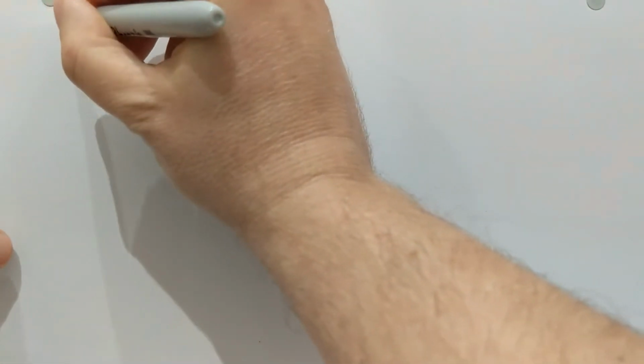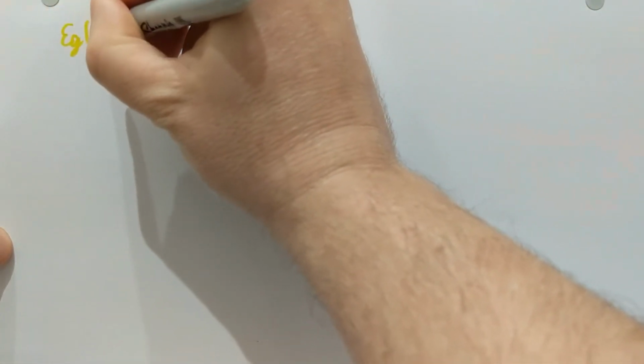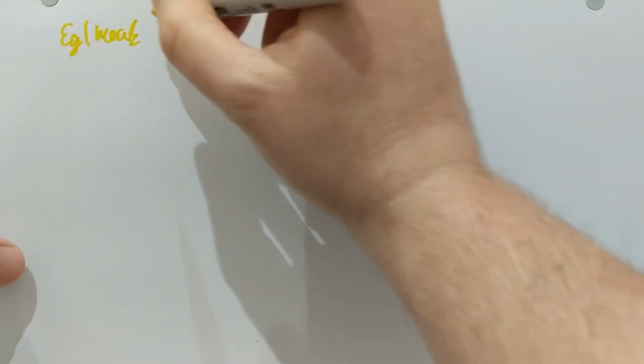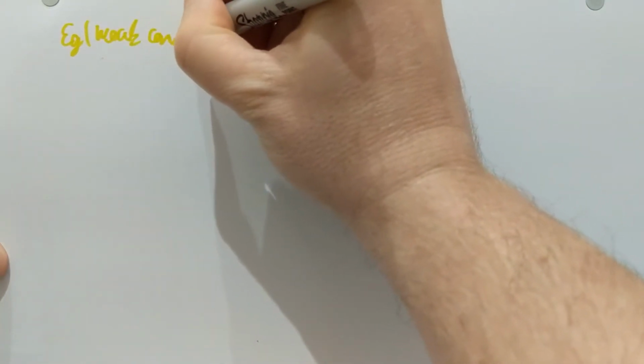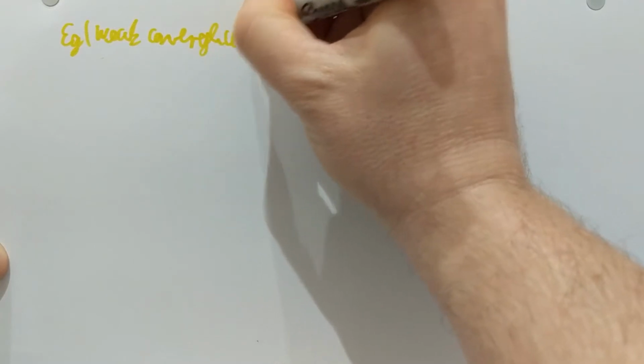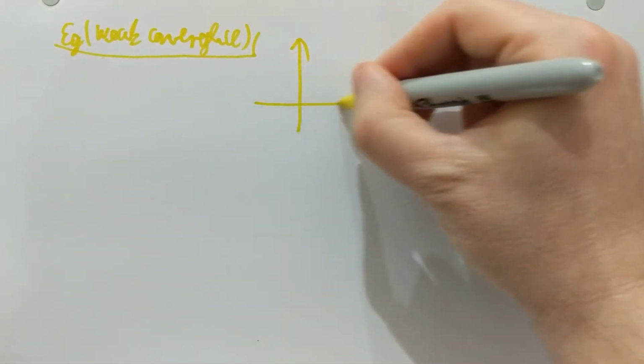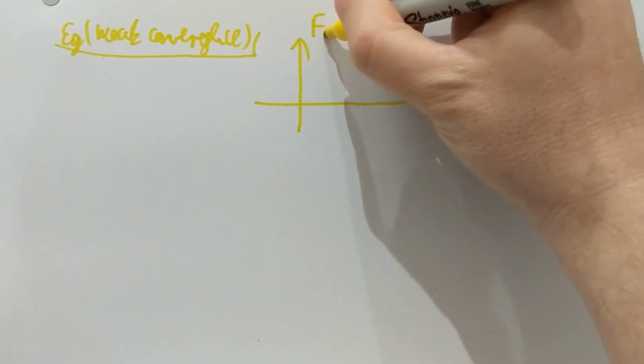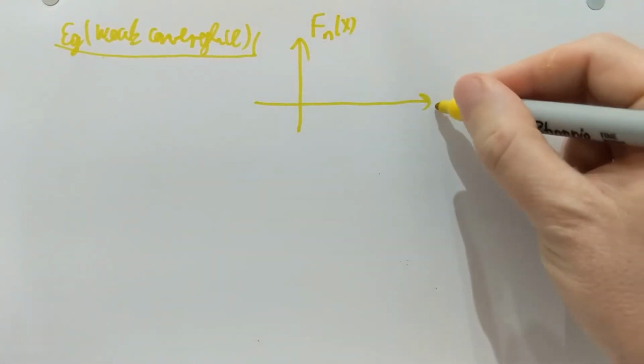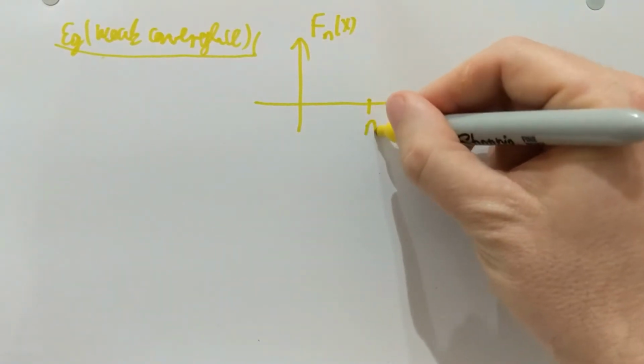Let me start off with an example of weak convergence. It's supposed to tell you what can go wrong and why we need to look at all the things we are going to look at. Okay, it's a very simple example. Take a distribution function F_n(x), which is extremely simple.